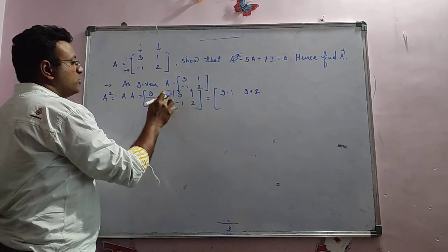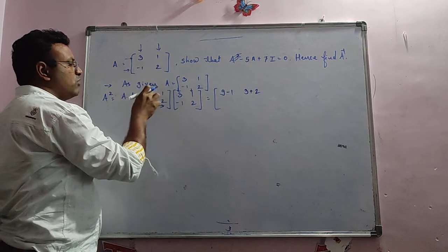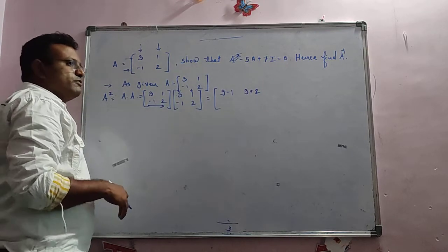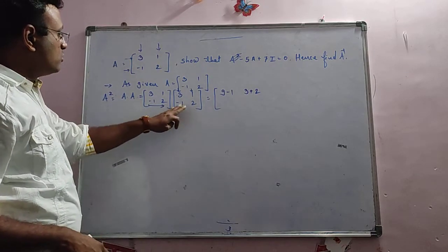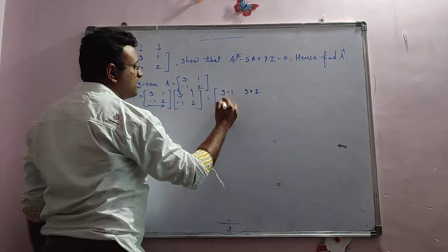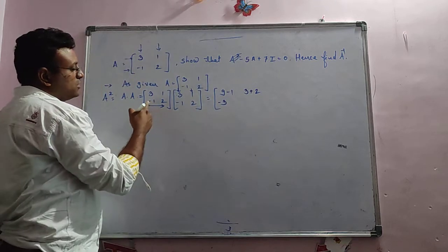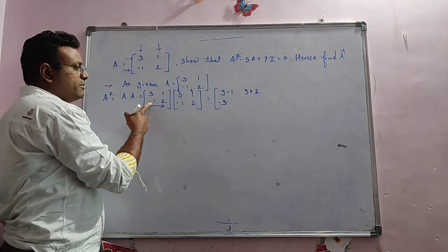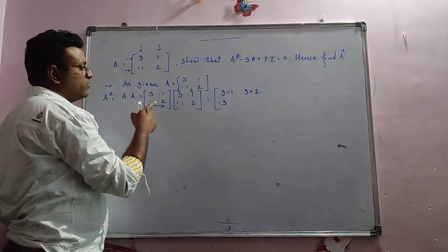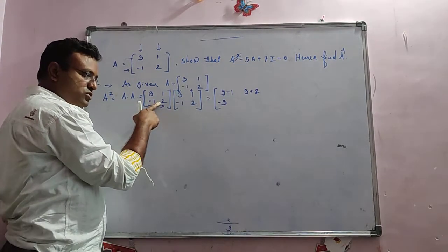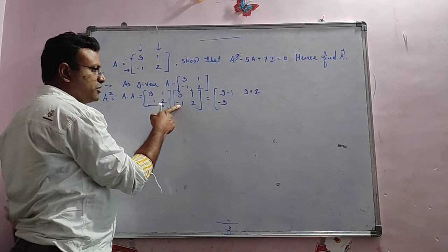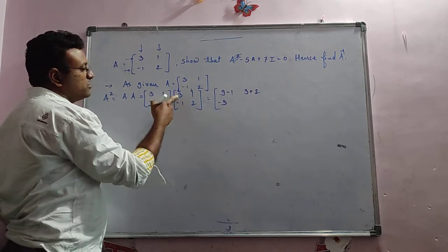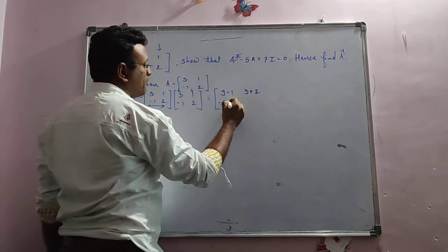Now change the row, because there are 2 columns and we have operated the first row with these 2 columns. Now we will change the row and again start from column number 1. The second row, column 1: minus 1 into 3, minus 3. Now the second element of the second row and the second element of the first column: 2 into minus 1, minus 2.